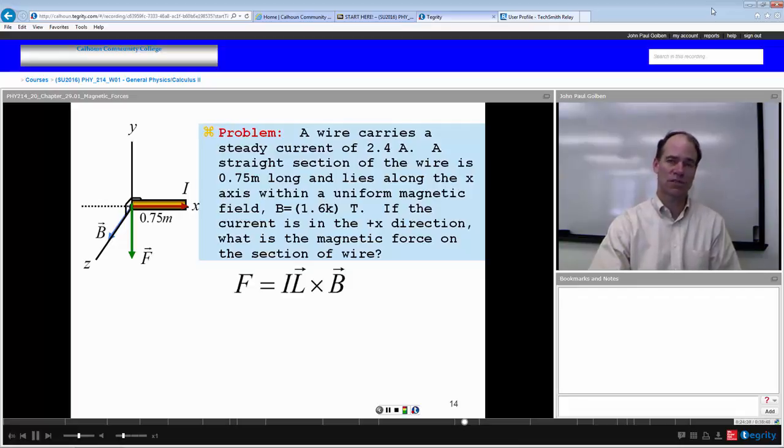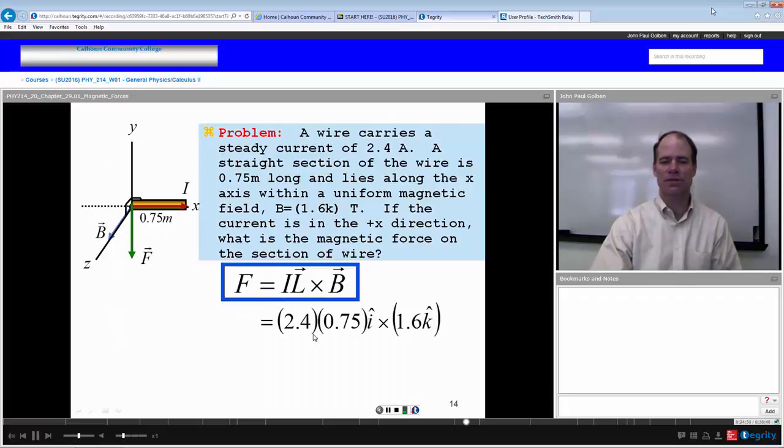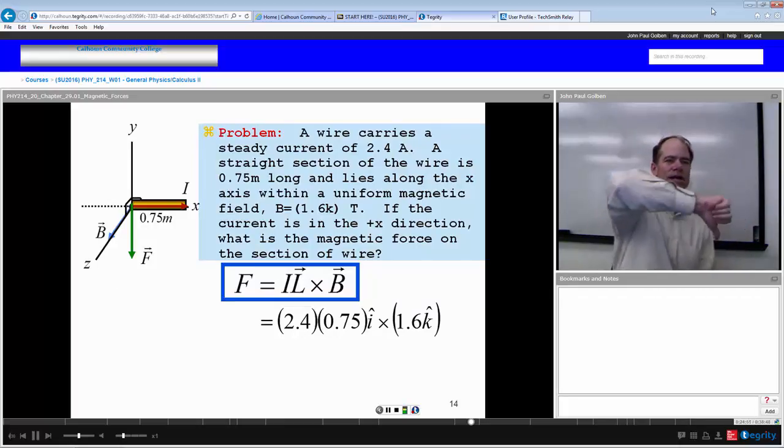Well, the force is a cross product, I L cross B, and that would be equal to the current, 2.4 amps, times the length of wire, 0.75 meters in the i direction, crossed with the magnetic field, 1.6 Tesla, in the k direction. i cross k is actually negative j.